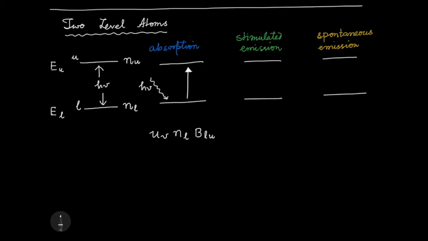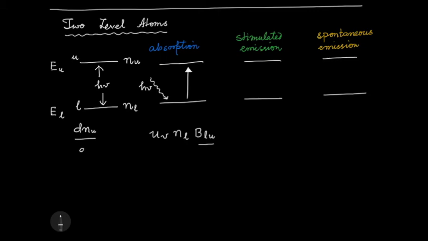So this number is the number of atoms that is changing their levels from the lower level to the upper level, and this is per unit time.